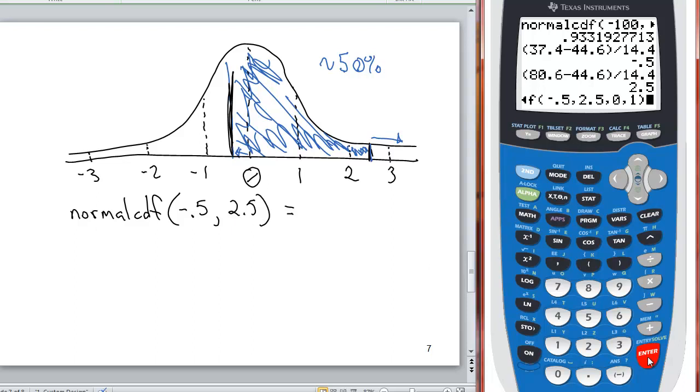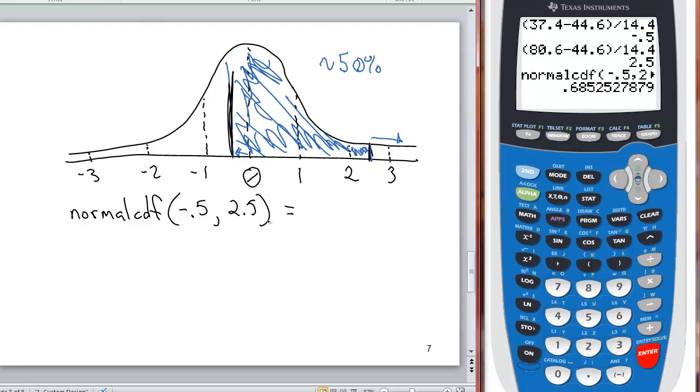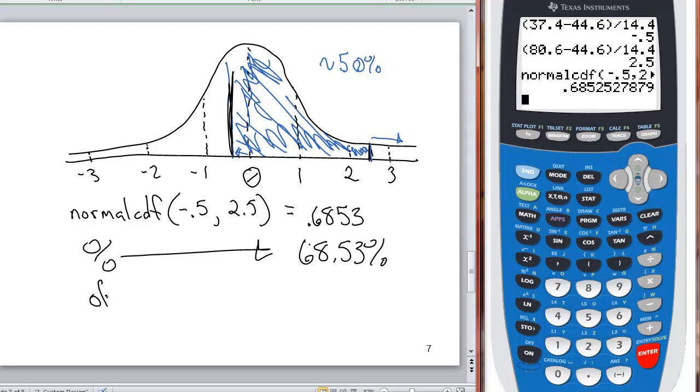But no matter whether you have the stat wizard or the old operating system, when you hit enter, you should get 0.6853, and so that's going to correspond to a percentage of 68.53% of hours will be between, what were they?